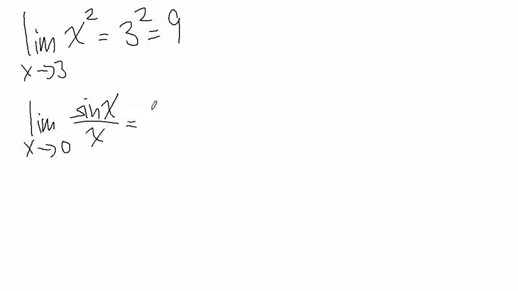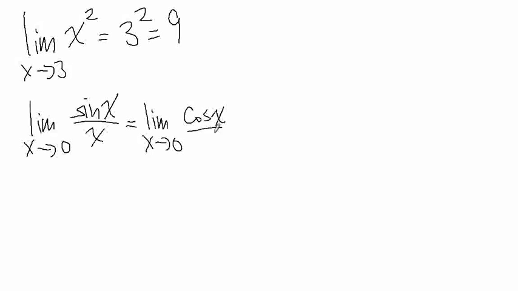Now, what L'Hopital's theorem allows us to do for this situation is simply replace the fraction with a new fraction such that the new numerator and denominator are the derivatives of the old numerator and denominator. The derivative of sine is cosine.